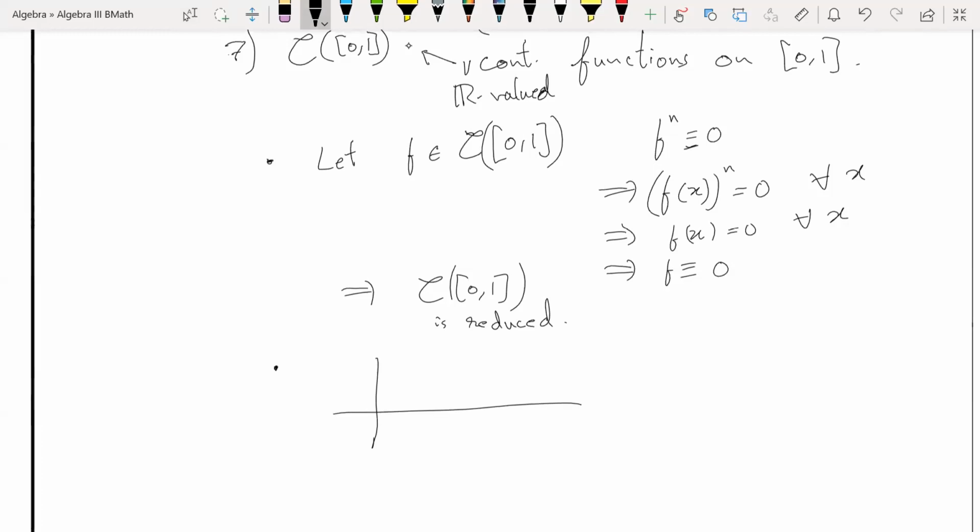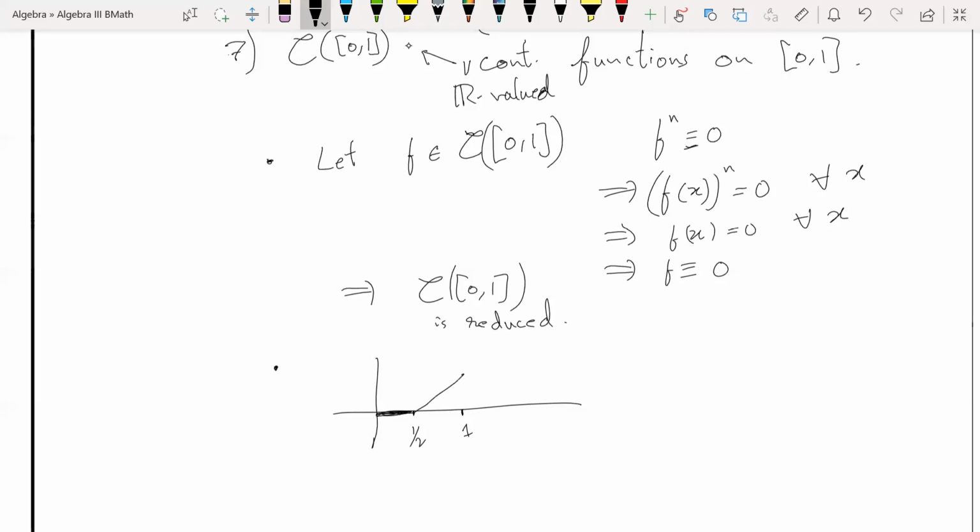So maybe f1 you can take it to be this function, I mean a function whose graph looks like this.